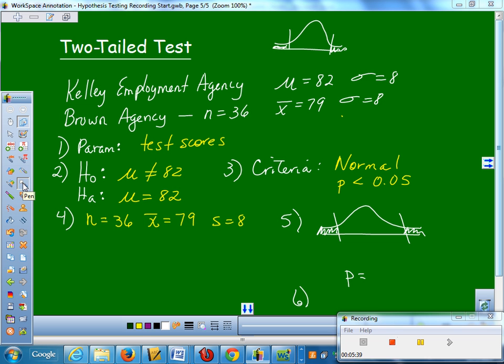We know the original mean was 82 and the standard deviation was 8. The two new things you do need to calculate are standard error, so we have to do the standard deviation, which was 8, over the square root of how many we sampled, which was 36. That will come out to be 1.333.